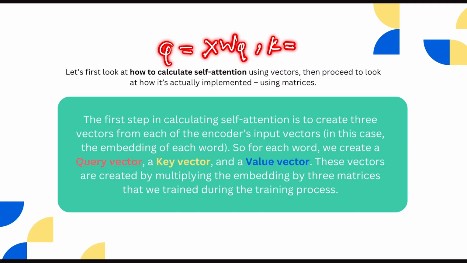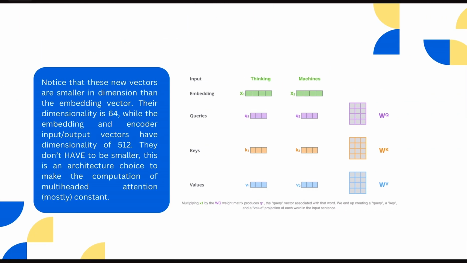Similarly, K is calculated by multiplying the input by its weight matrix. Similarly, V is calculated by multiplying the input by the value weight matrix. So x is the embedding vector in this case, and we are calculating the vectors by multiplying it with the weight matrices.